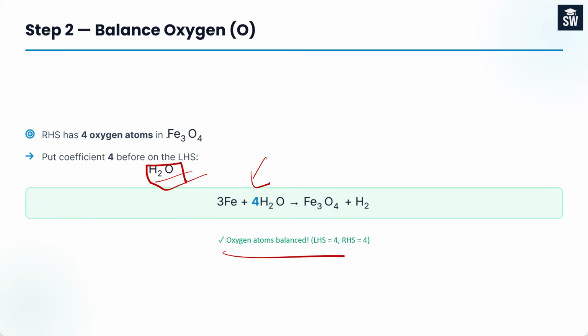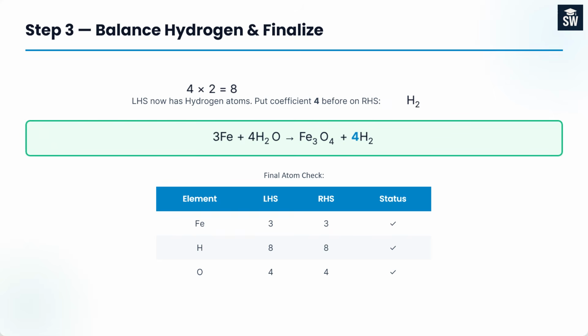Now you will get balanced oxygen. And the third step: again, hydrogen is unbalanced, so you have to put the coefficient 4 in front of the H2.